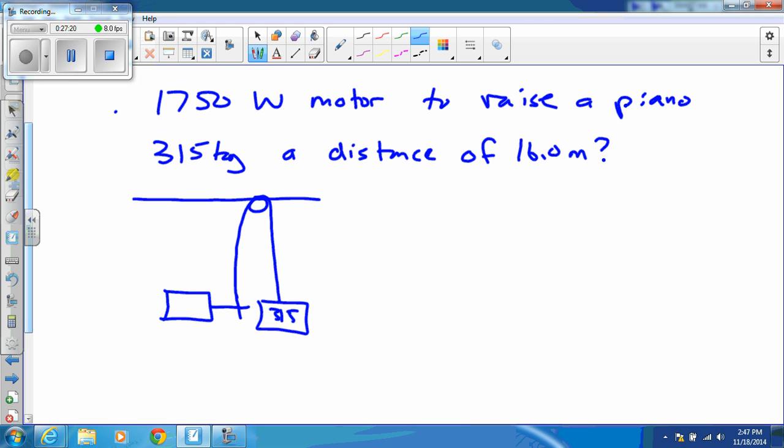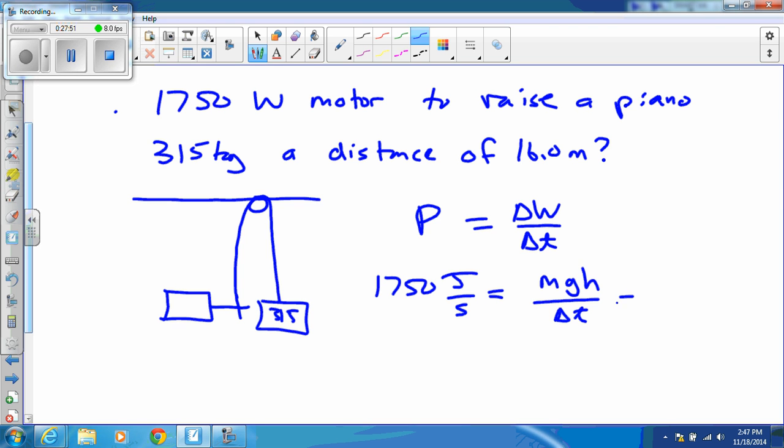And so we're really just asking, how long is it going to take for it to raise it the entire amount? And so we set it up as power equals work over time. And the power delivered by the motor is 1750 watts. I'm going to write that as joules per second. Equals. And now the amount of work done is going to be the amount of potential energy delivered to the piano, which is going to be mgh, or 315 times 10 times 16 meters, all over delta t.